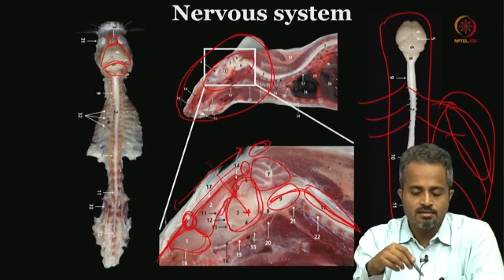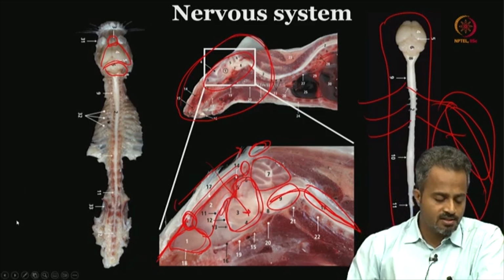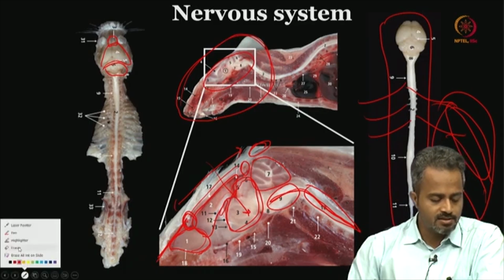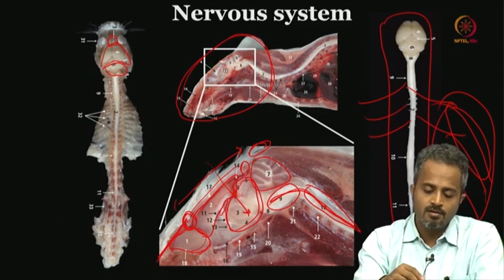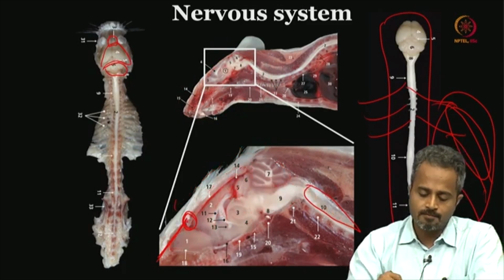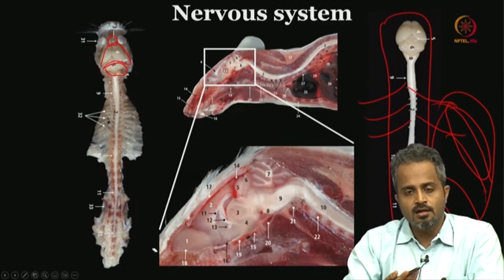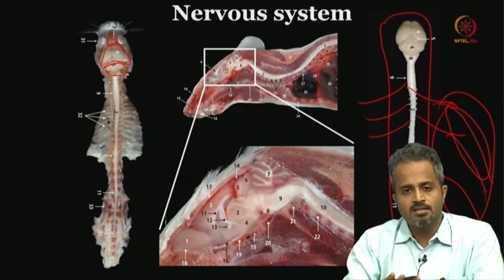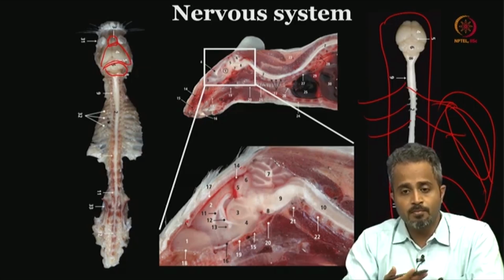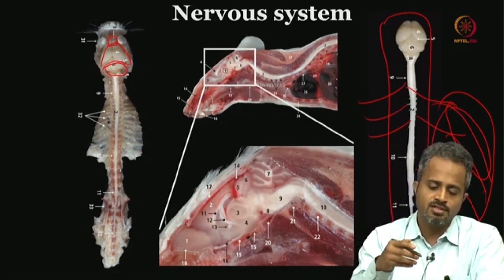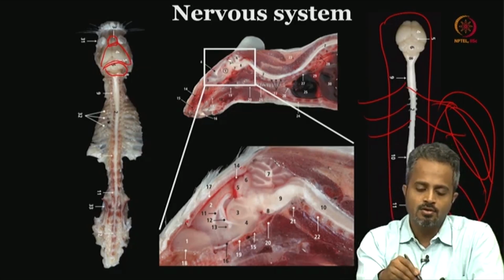So, this is the reason why I am trying to highlight this particular aspect, that when we extract the brain at the end of surgery, it is very vital that you maintain the structure that we have implanted. For example, you must have implanted a sensor on top.